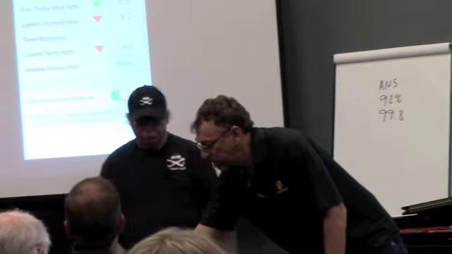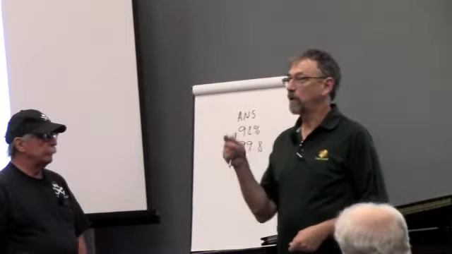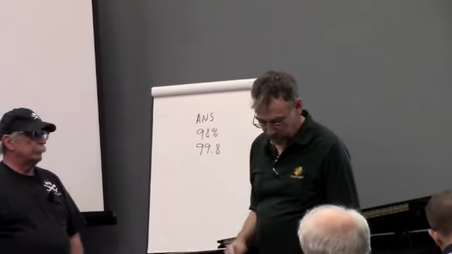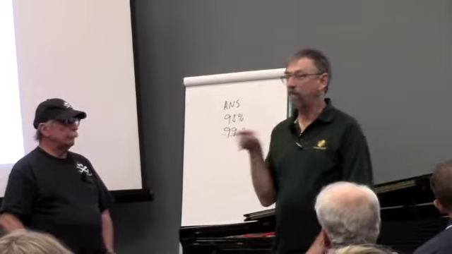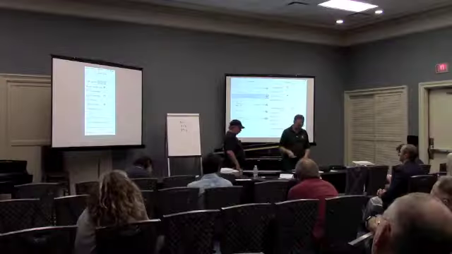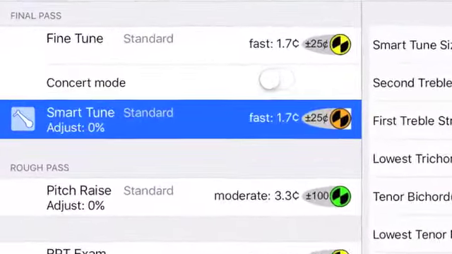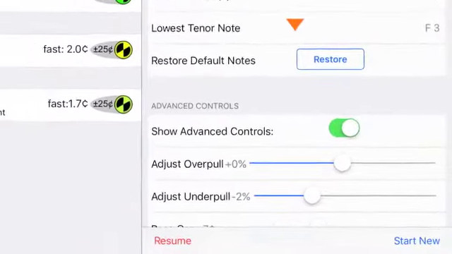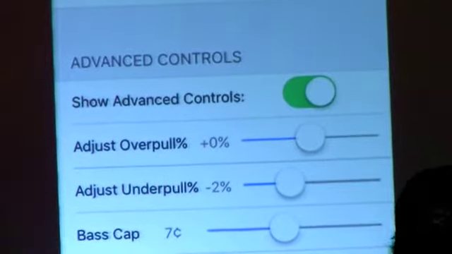Let me quickly show, if you have the current release version 7.60, you can go in there and do what our next version will do, which is adjust the underpull to -2. In fact, I'd recommend you do that. That's what we found is the best underpull. You simply go into Smart Tune and Advanced Controls, go down to Adjust Overpulls and set it to -2, and you've just tweaked it.